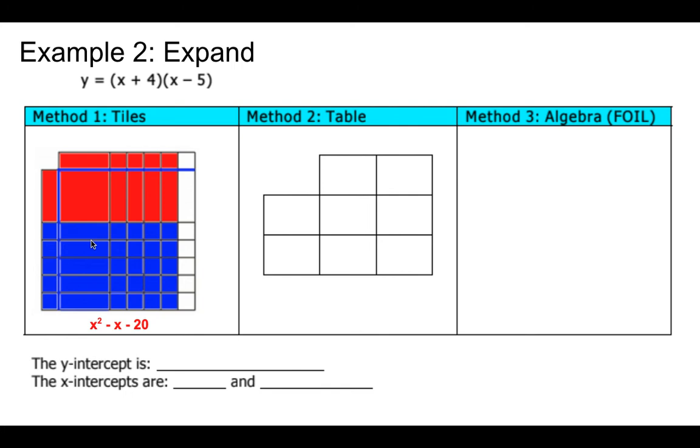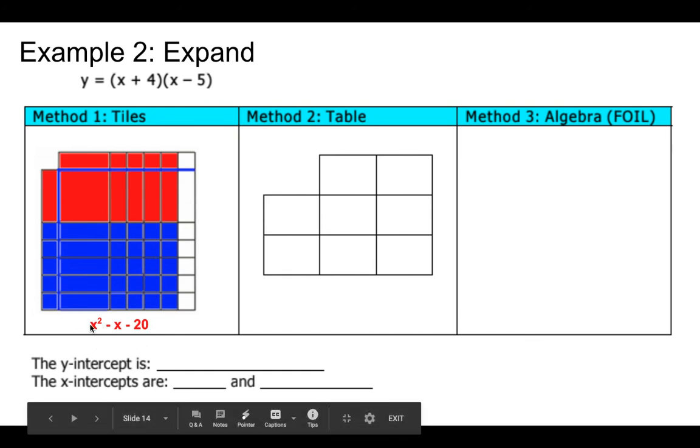So negative 5 plus positive 4 gives us negative 1x. And then we're going to figure out how many of these single tiles we have. Well, we have 1, 2, 3, 4 in each row, and 5 rows of 4. So that's negative 20. So if we expand it, it becomes x squared minus x minus 20.